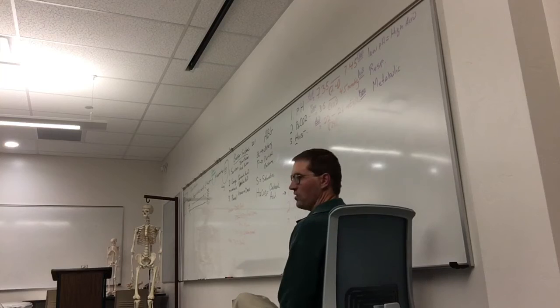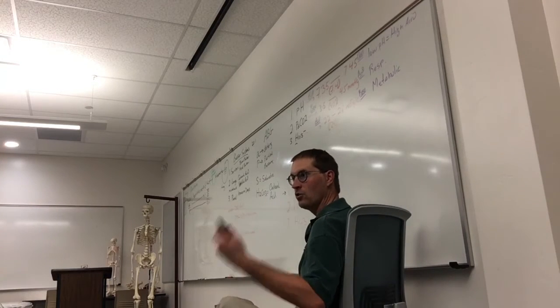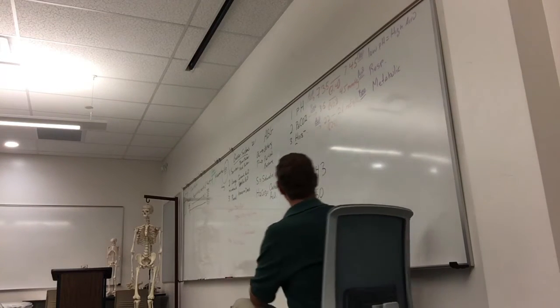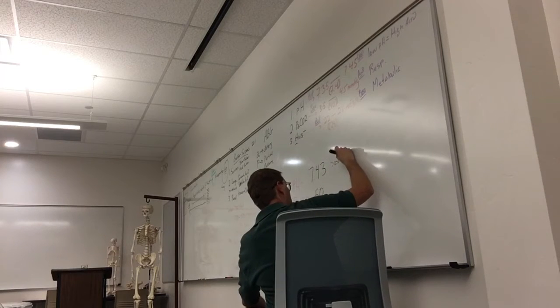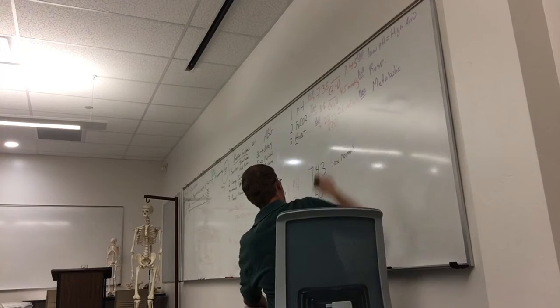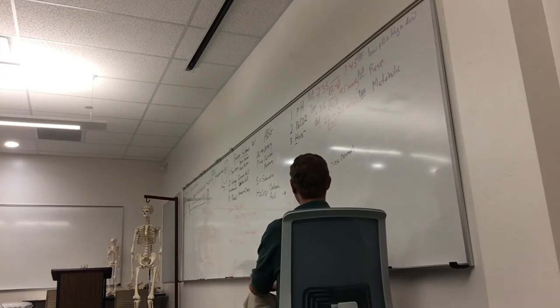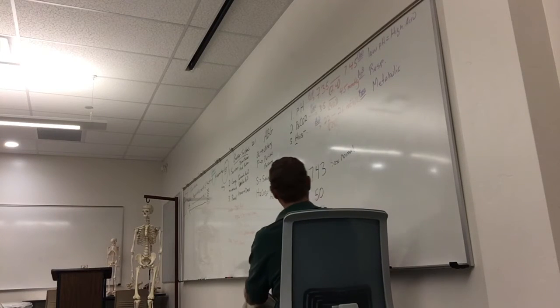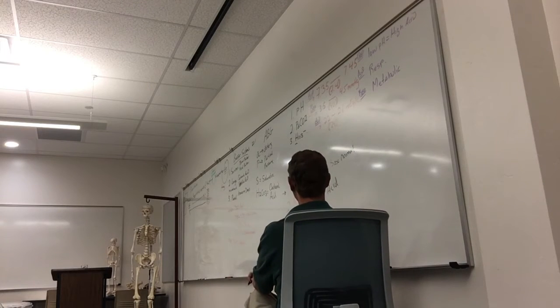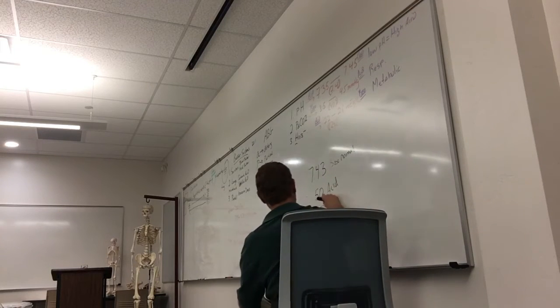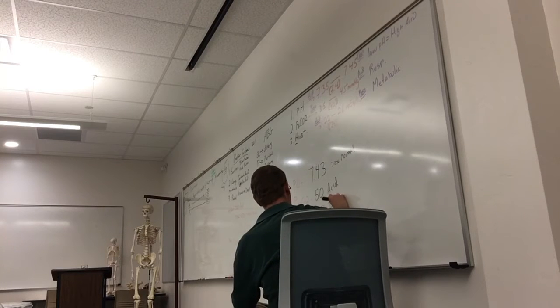So, pH: acid, base, or normal? This is base, normal. Okay, good. CO2, acid, base, or normal? This is acid. Good. Bicarbonate, acid, base, or normal? Base. Okay. Do I have a problem?